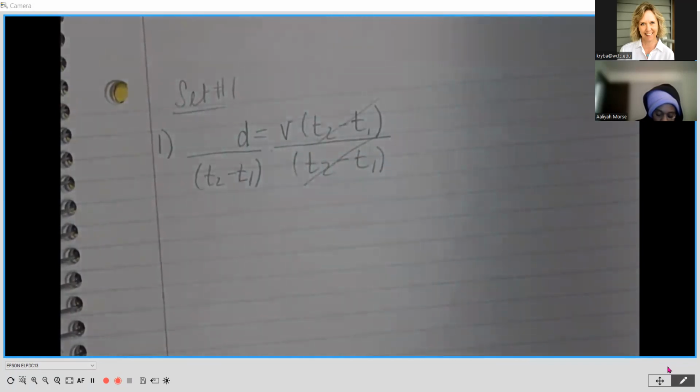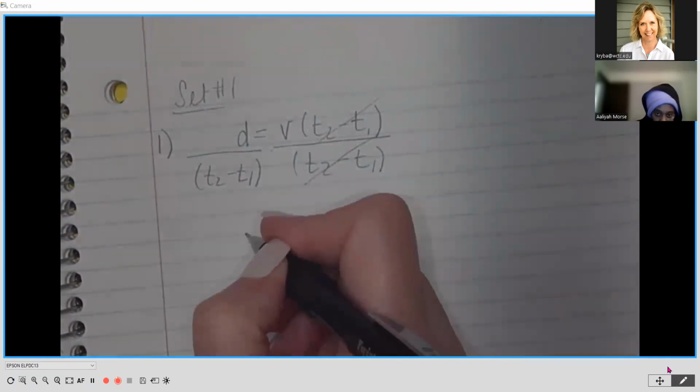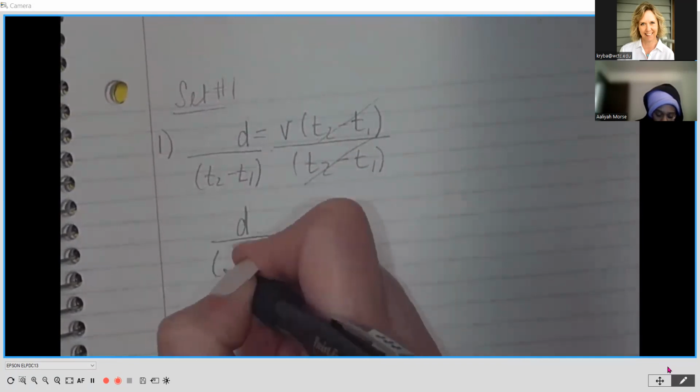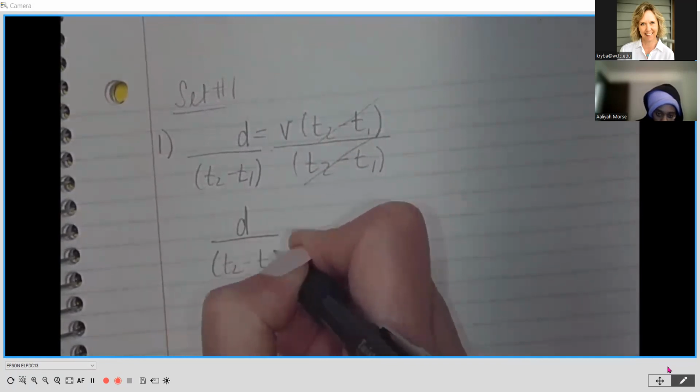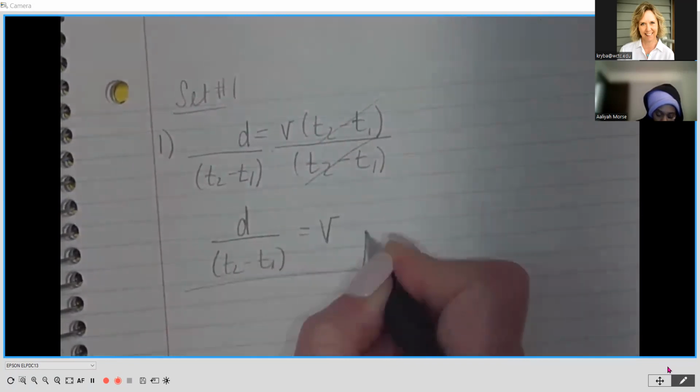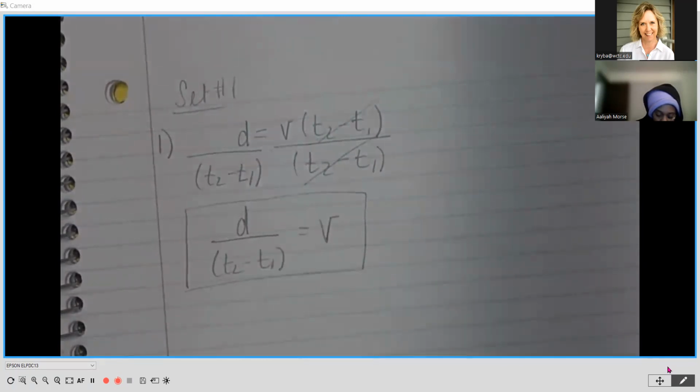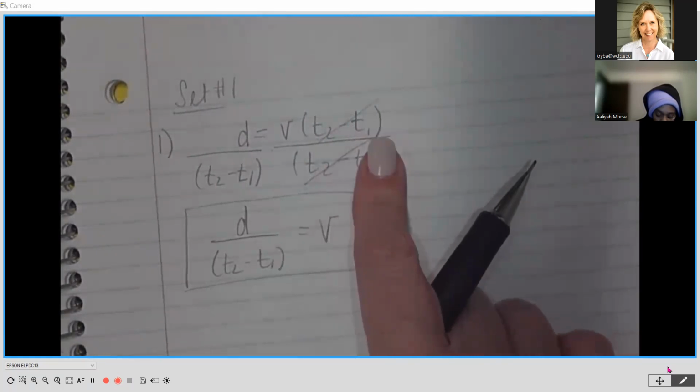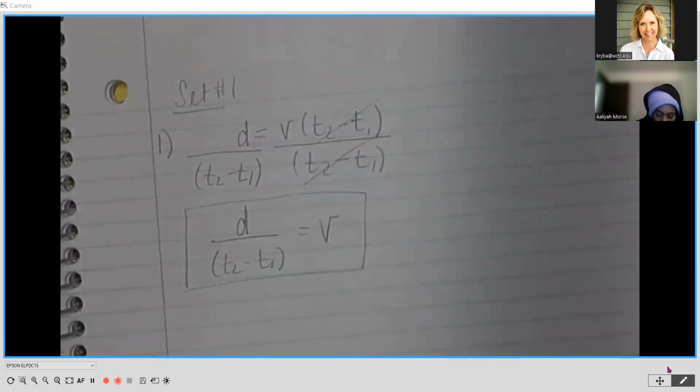Then you'll notice that V is by itself on the right-hand side. Your final answer, though, will be writing this out: D divided by T2 minus T1 equal to V, and this is what you put your box around. Make sense? This was showing me how you did it, and this is showing me your final answer.